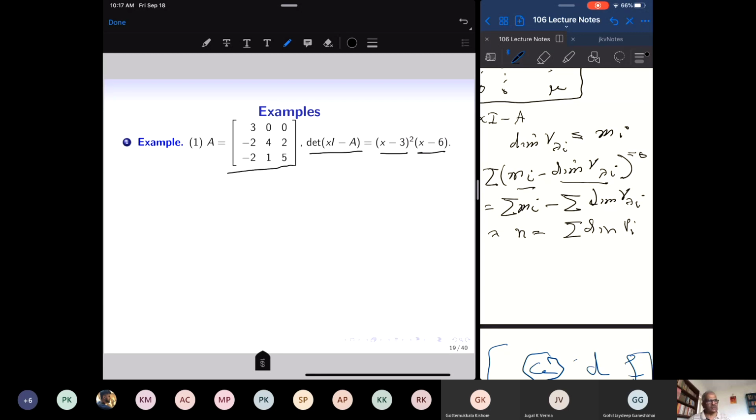There are no real roots for non-trivial theta, right? So try to find the eigenvalues in the field of scalars. In this case, it is easy. There are two eigenvalues, 3 and 6. The algebraic multiplicity of 3 is 2, and the algebraic multiplicity of 6 is 1.